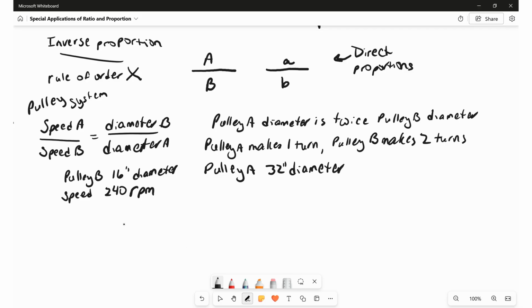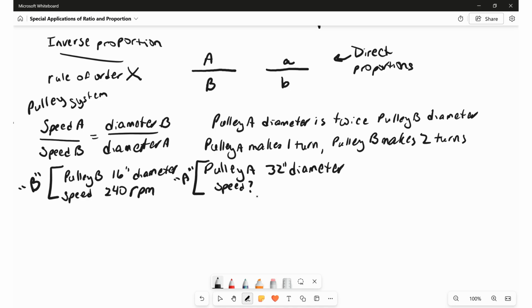Okay. And because this is an inverse proportion, we need our, like, because both of these are like the B's and these are like the A's. Okay. And like we're looking for the speed. Okay.